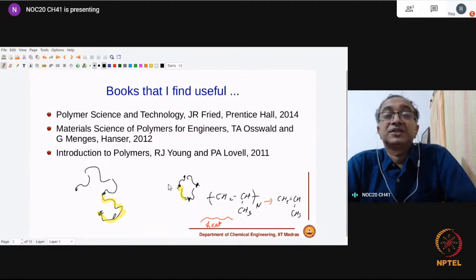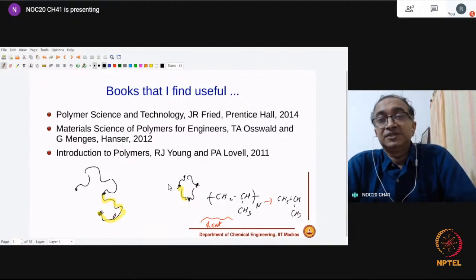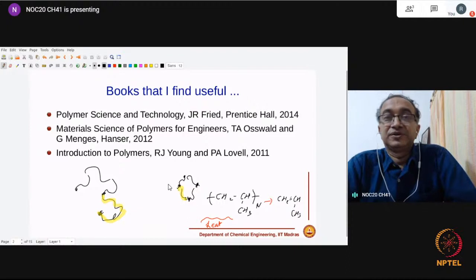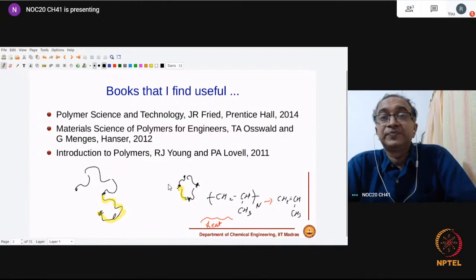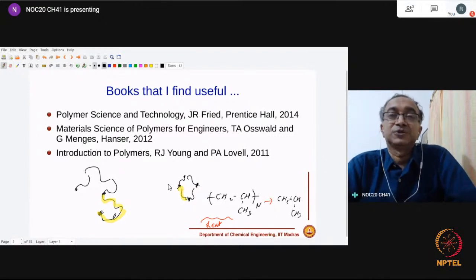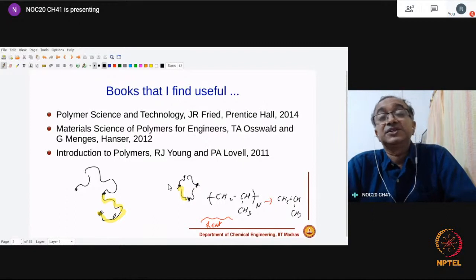Given that it's a cross-linked polyethylene, you won't be able to melt it. And so therefore it's a thermoset material. So this points to the fact that a given macromolecular chemistry need not give you a given type of material. So polyethylene can be thermoplastic if it's linear and branched, but it will become a thermoset material if it is cross-linked.